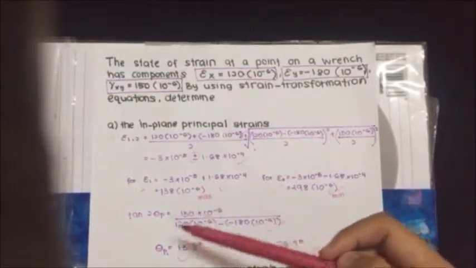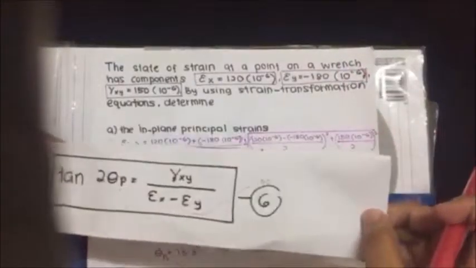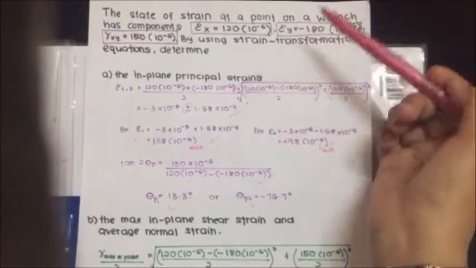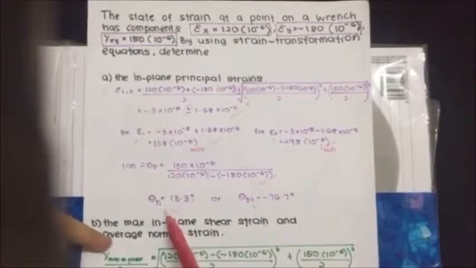Then we find the angle by using this equation. Like usual, substitute the values from the question into the equation and we will get the answer, which is 13.3 degrees.